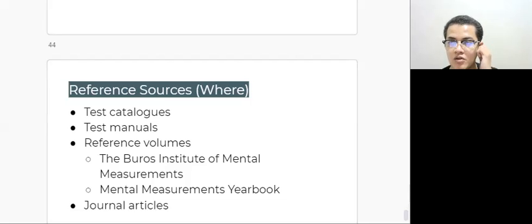For example, we may look at the NEO-PI-R and how it is used in clinical, surgical, and industrial organizational settings. So there might be some variations in results depending on how we use this kind of test.